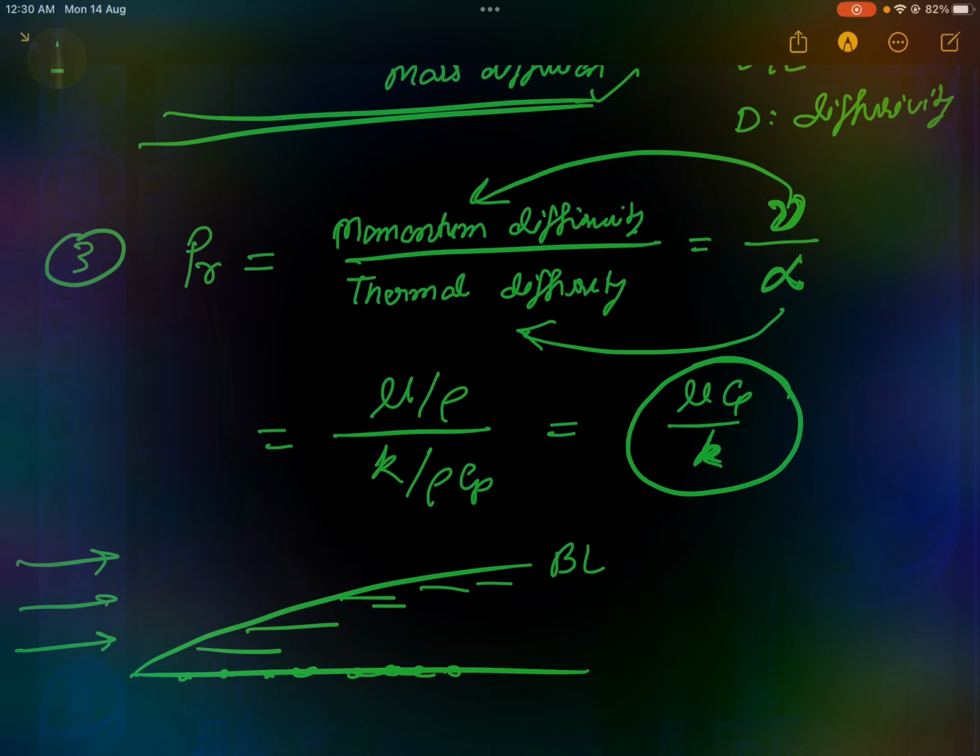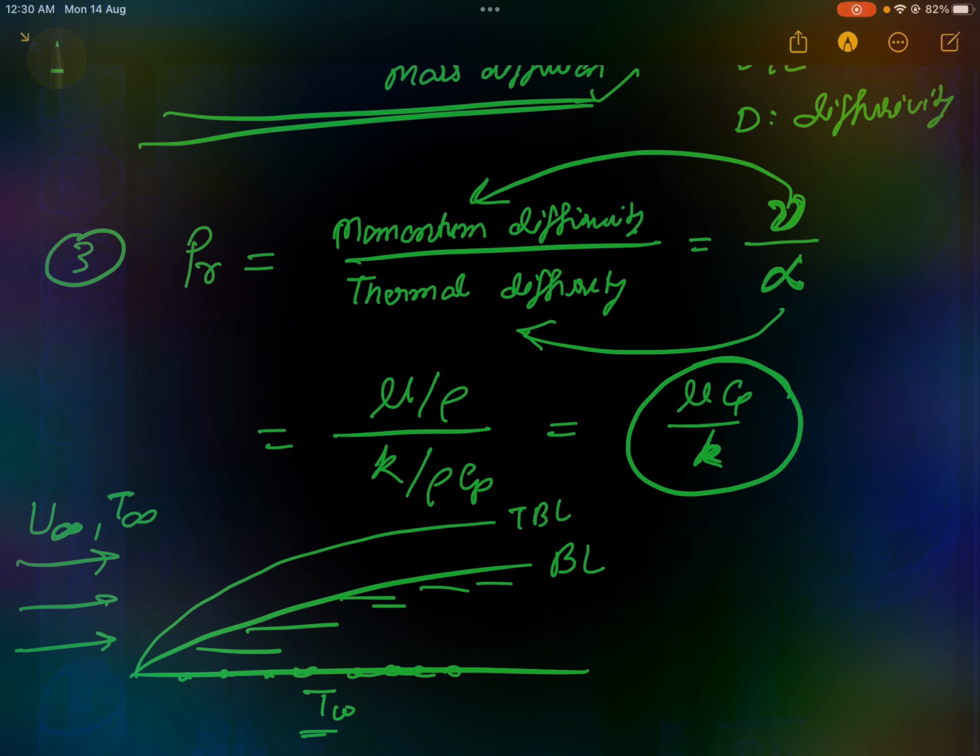That is if we have the free stream velocity u infinity, but there will also be a free stream temperature of the fluid. Let's say the temperature of the wall plate is Tw. Then there will also be a boundary layer formation, called the thermal boundary layer.